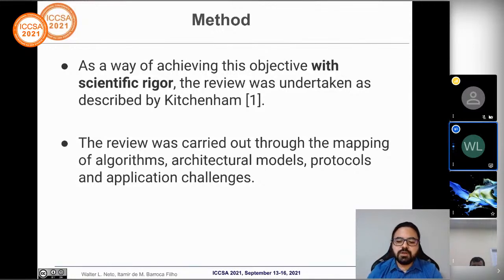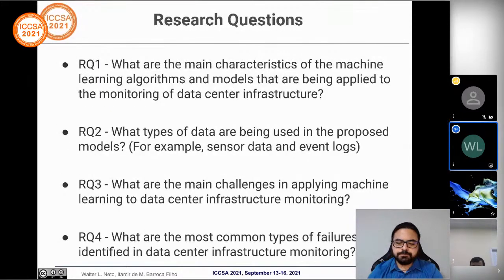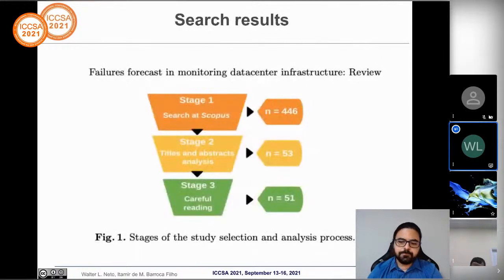This review was carried out through a mapping of algorithms, techniques, models, and application challenges in this area. To do this, we follow and try to answer four research questions that I will detail in the next slides.